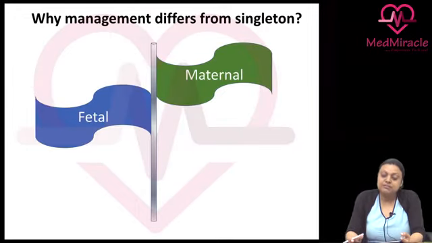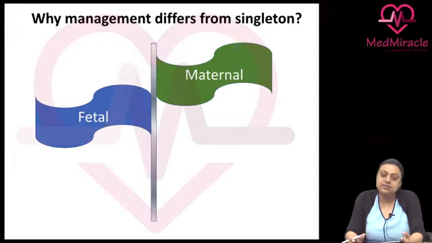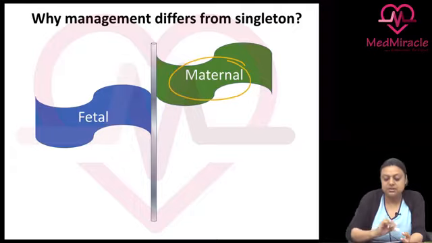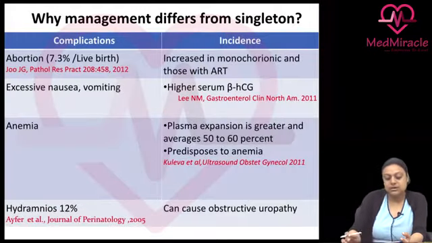So why does management differ from a singleton pregnancy? Why is a twin pregnancy more complicated than a singleton pregnancy? There are complications associated both with the fetus, fetal complications, and associated maternal complications. Let's see them one by one.